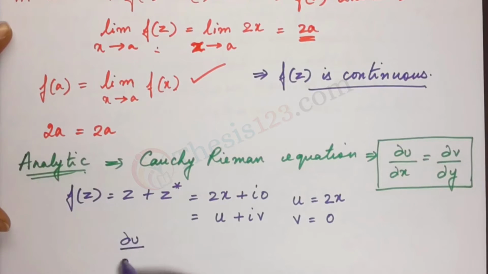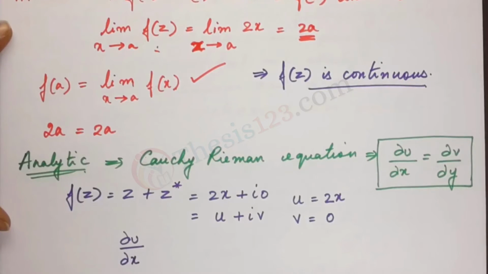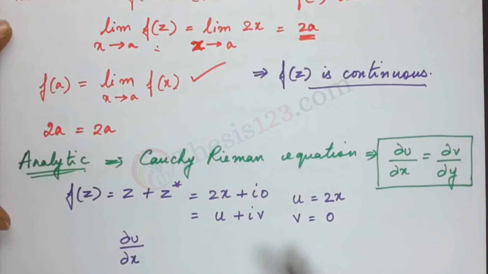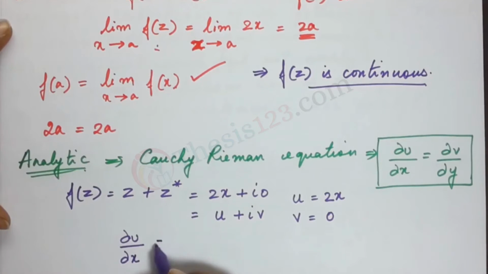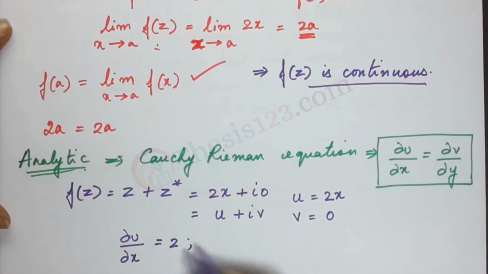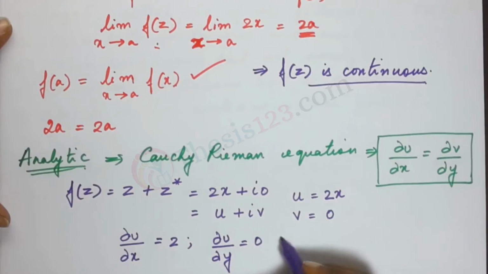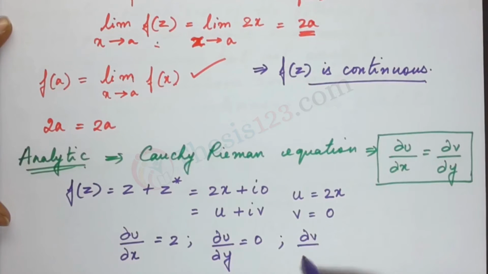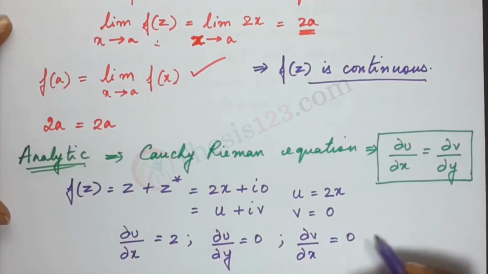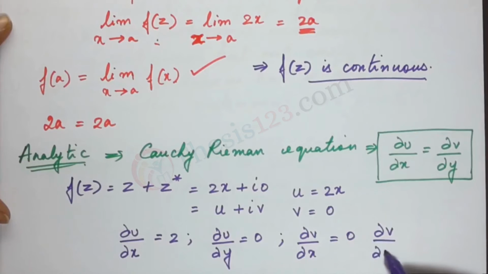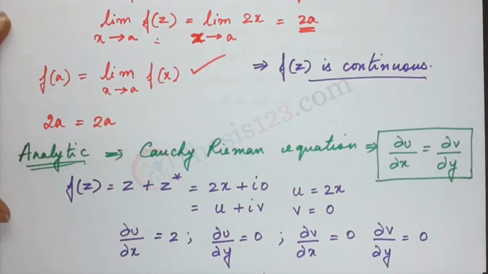So if we take now the partial derivatives of each, ∂u/∂x is 2, ∂u/∂y is 0, ∂v/∂x is 0, and ∂v/∂y is also 0.